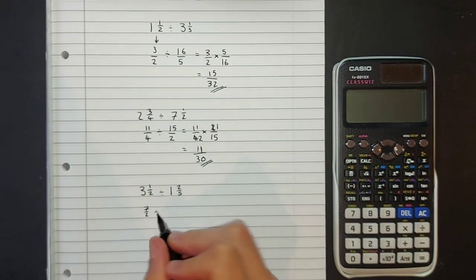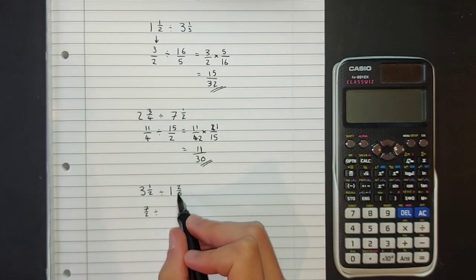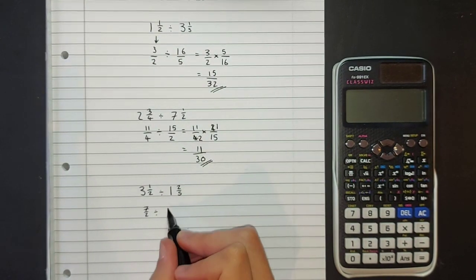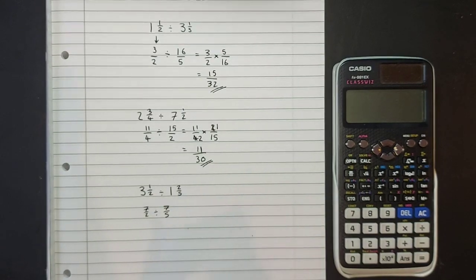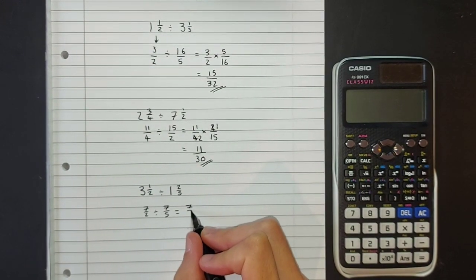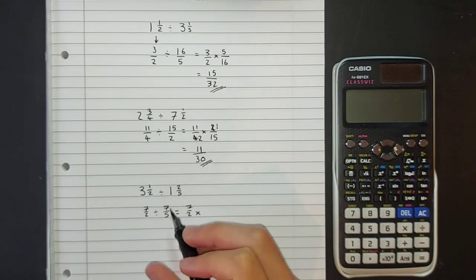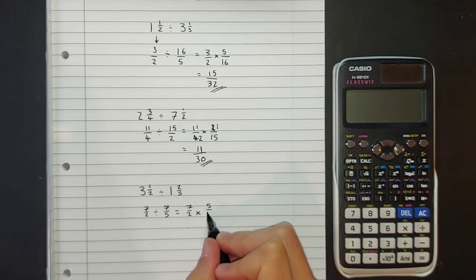Divided by 1 times 5 is 5, plus this extra 2 is 7, so this is 7/5. Now we're going to carry out the division, so let's multiply by the reciprocal, so that's 7 over 2 times by 5 over 7.